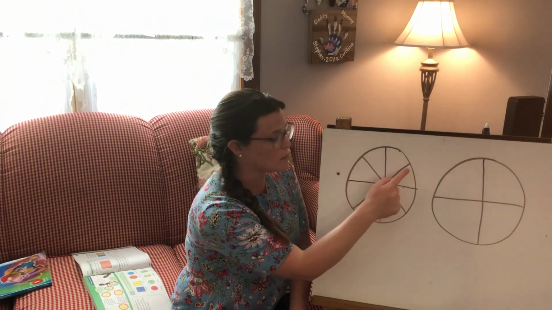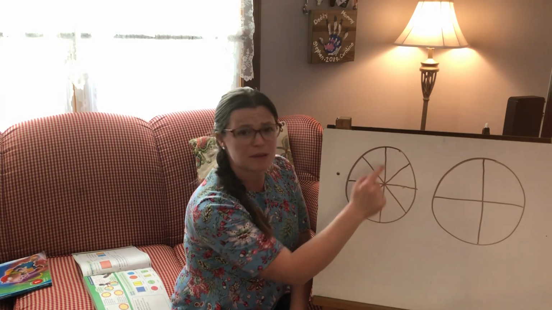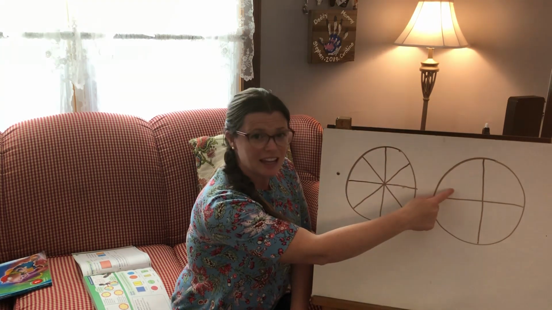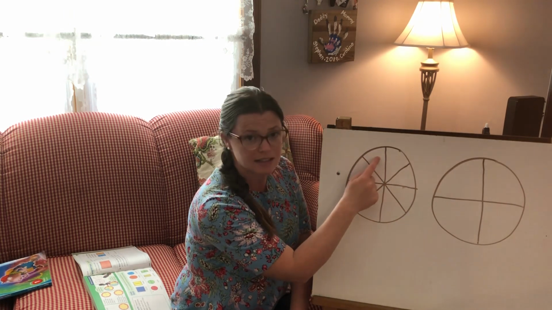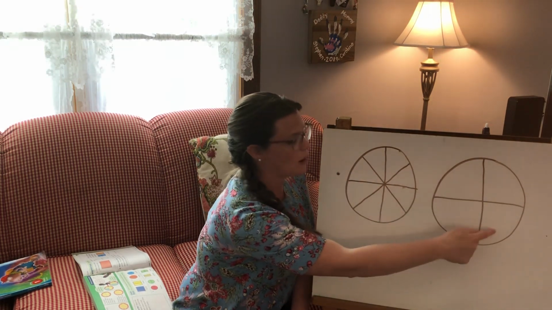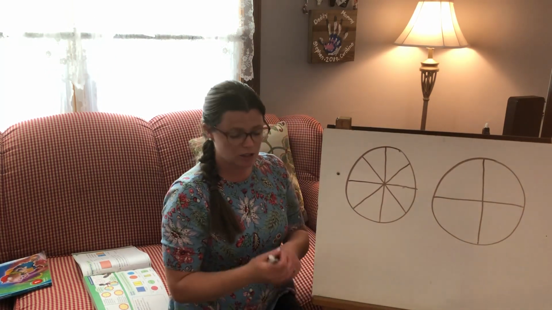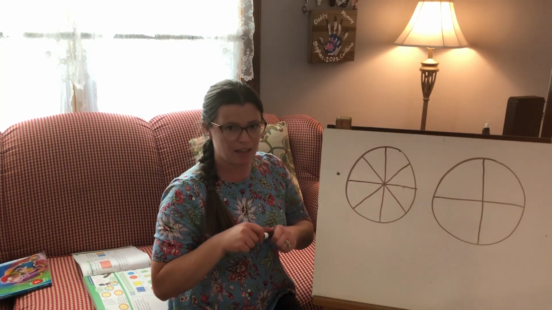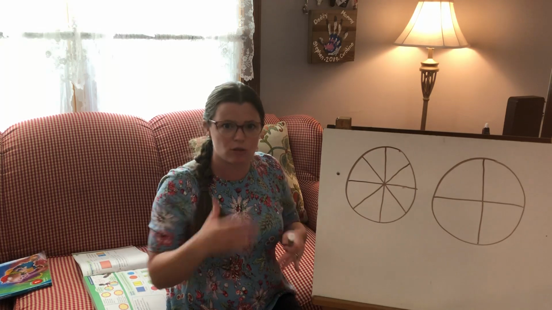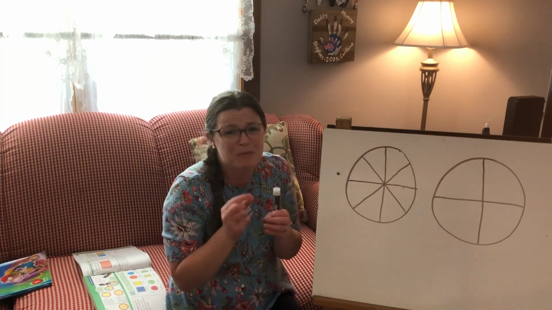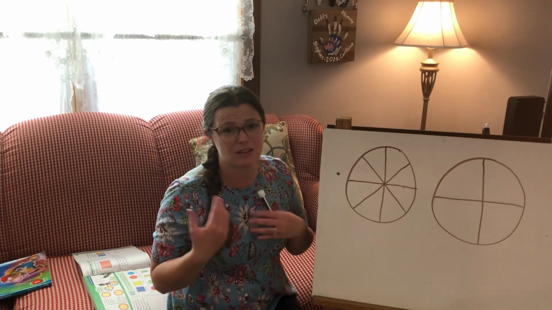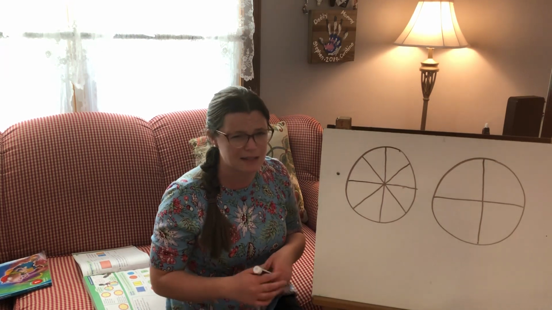Look at how much smaller each of these pieces is than these, because this one has 8 slices and this one has 4. So it's kind of backwards. The bigger the number of slices, so the more pieces you need to cut it into, the smaller those pieces are going to be. Does that make sense?